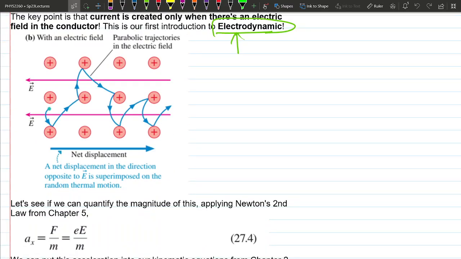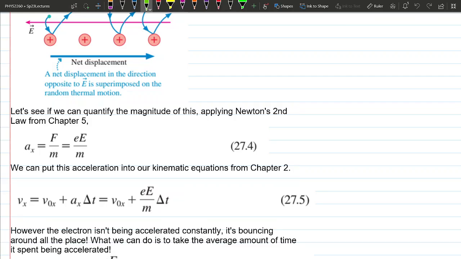And we can quantify the magnitude of this just by applying Newton's law. Remember, Newton's law tells us that the acceleration of something is just the force over the mass. Well, the force on an electron in a conductor with an electric field E is the charge of the electron times the electric field, okay?